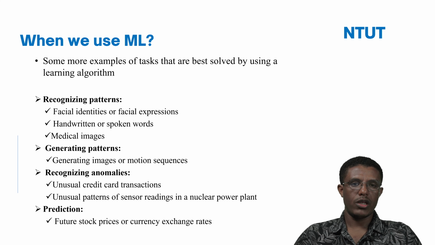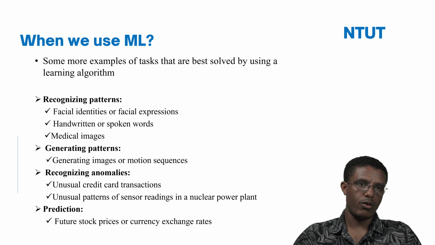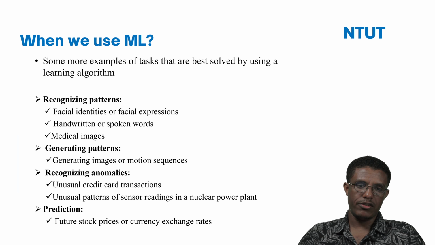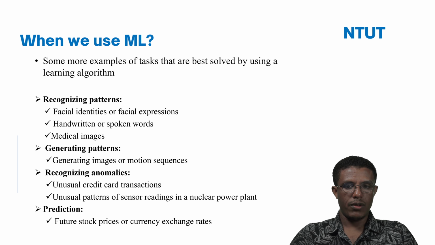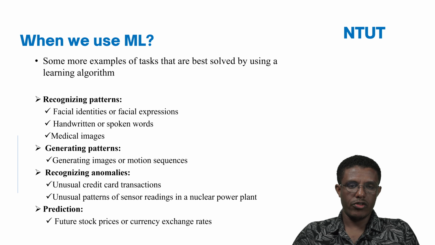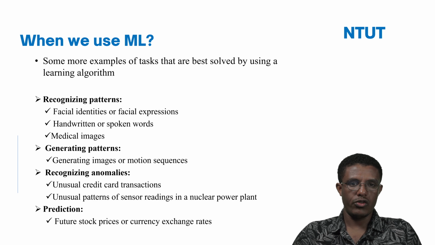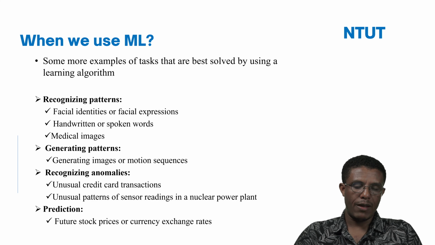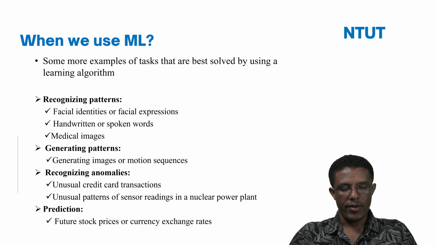For example, when we give some text, based on that text we can generate different images and motion sequences. That is the mechanism. Also, in the recent ChatGPT or LLMs, large language models, using these mechanisms, when we give a text, we can generate an image or motion sequence. Recognizing anomalies.